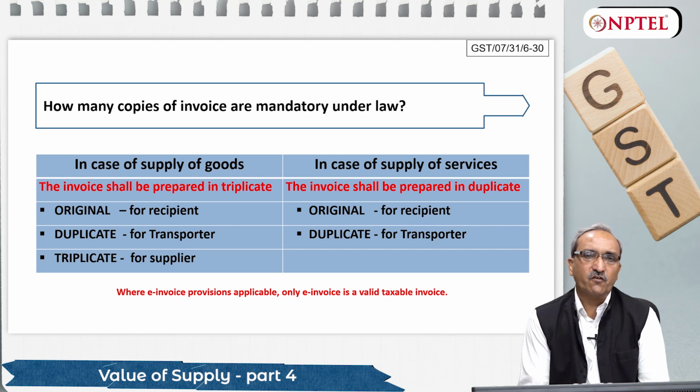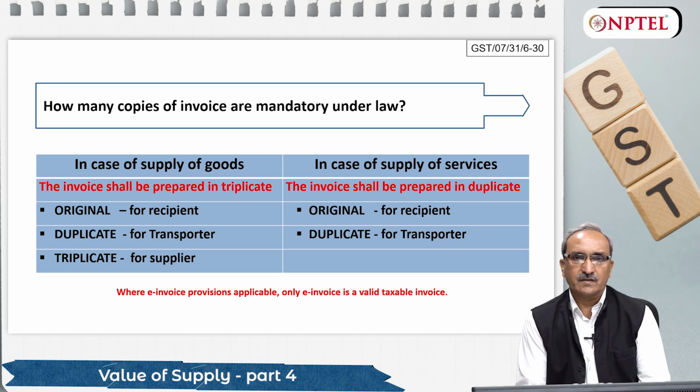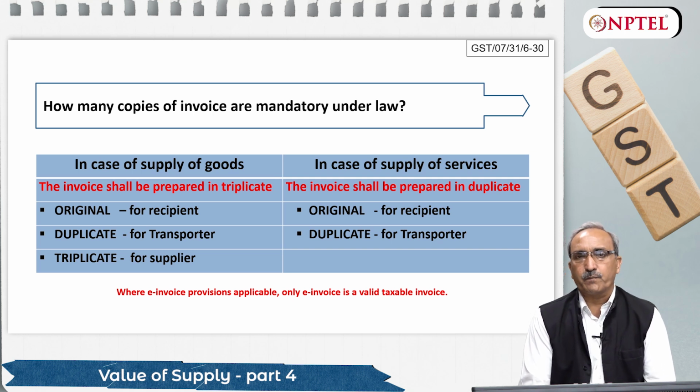So as per the provisions of the law, in case of goods we need 3 copies of an invoice. One original copy, it will go to the buyer, and based upon this copy, the buyer will claim his ITC benefit.